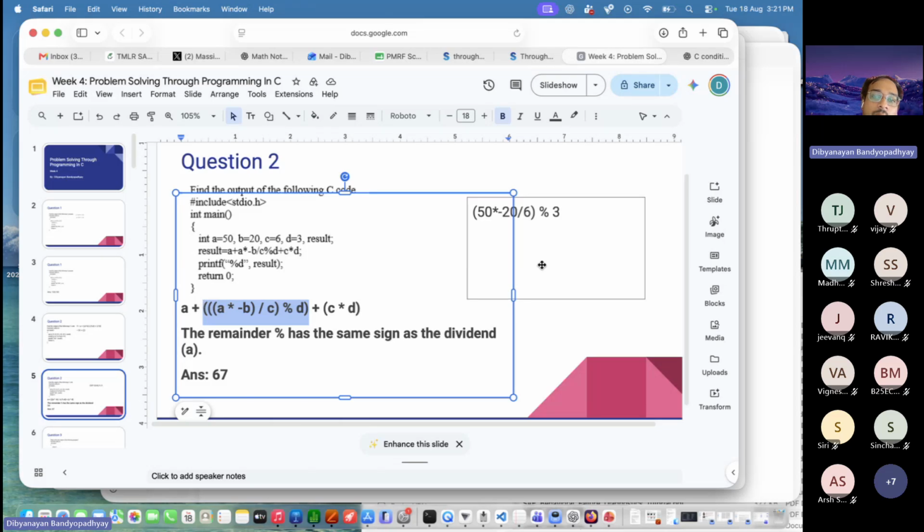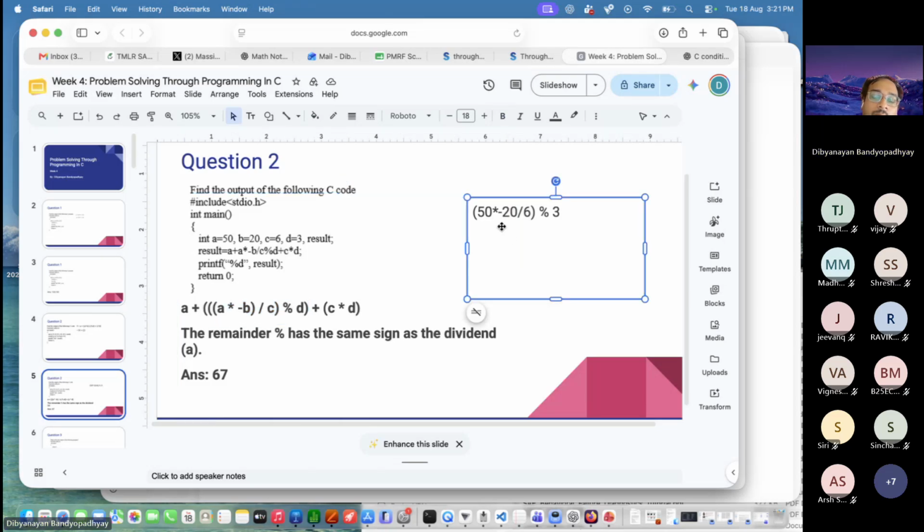Can anyone tell me what will happen here? Because this is minus actually, right? Then what will happen here? Will this also be minus? What do you think?